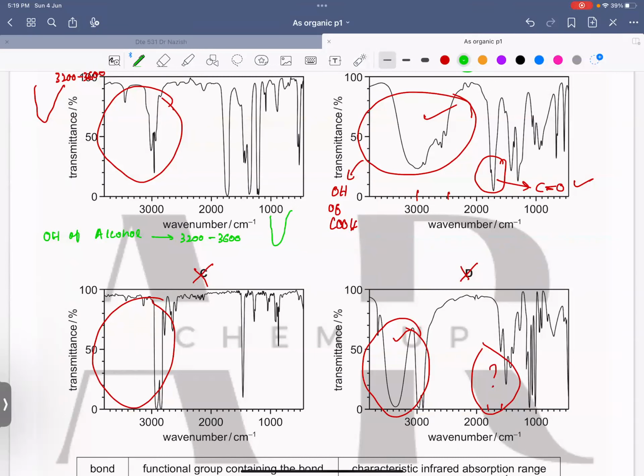And there is another OH, of carboxylic acid, because COOH also has an OH. This peak shows up in the region of 2500 to 3000, and it is even broader than the OH of an alcohol. Is this clear? Yes, Ubaid and Mahveen?